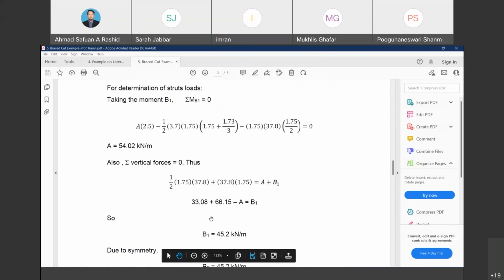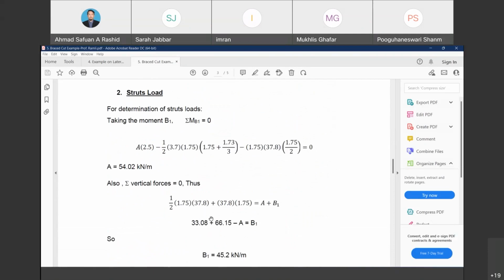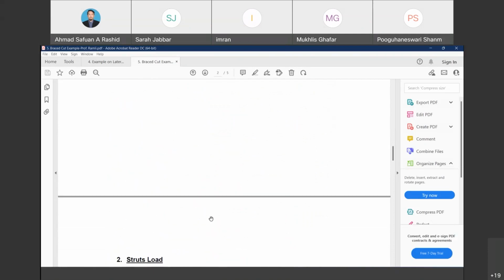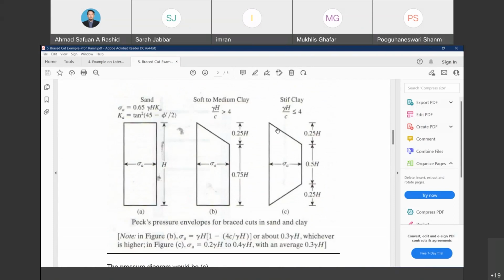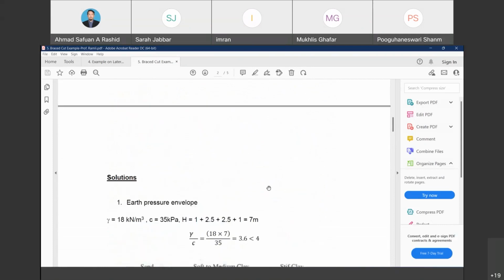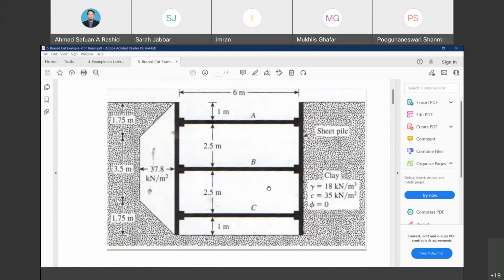Get the moment, because the location is symmetry. The location of this problem is symmetry between A, B, and C. So that means A and C are symmetry.